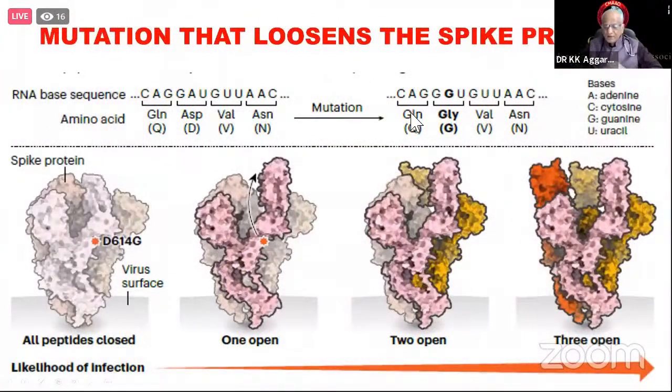Now, if I see these 4 different situations, the first situation is all 3 are closed. This is 1 open, 2 open, 3 open. These are the 4 different situations of the NTD because of the spike protein.